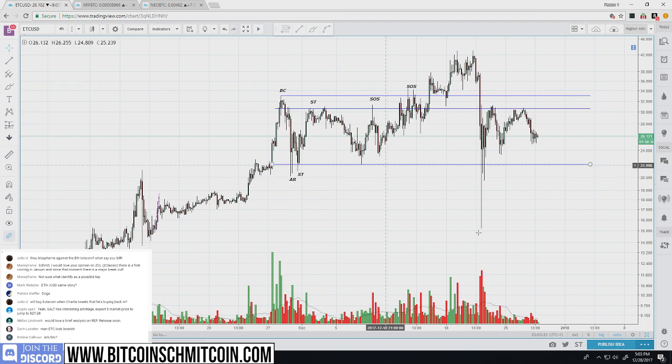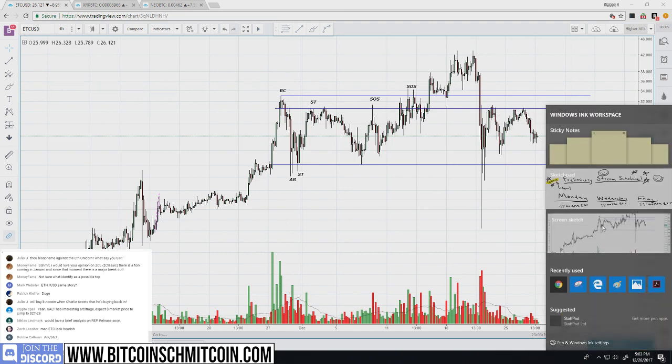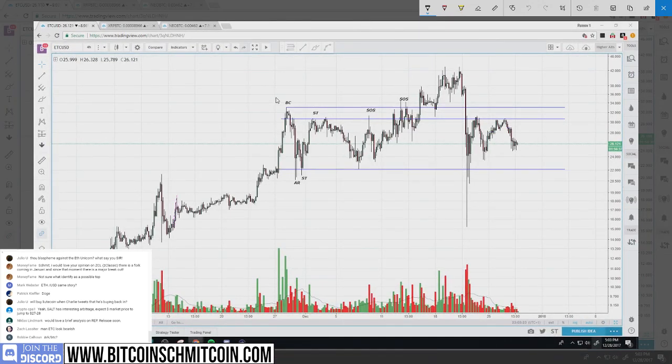So disregard these markings here. I need to update them. But what it looks like is we see the buying climax, the automatic reaction. Okay, these are all good. This would not be a sign of strength here. This looks more like an upthrust here, a UT.